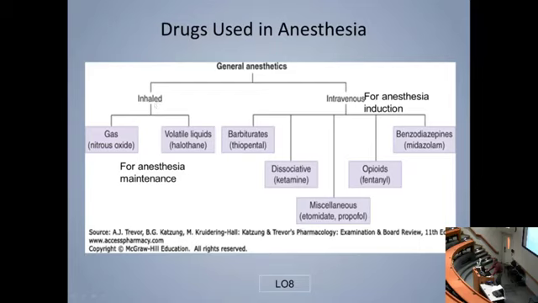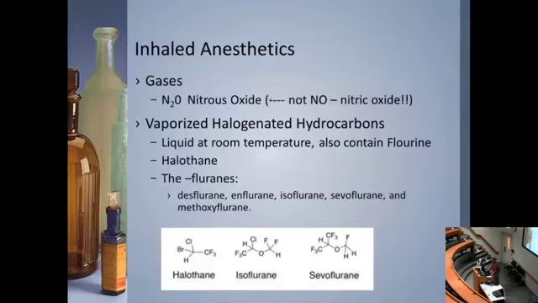The inhaled anesthetics basically maintain anesthesia. So once these phases of anesthesia that we talked about, stage 1 through stage 4, have occurred, then these drugs are put on board to maintain those stages. And this also becomes the outline for your drug list, which is expanded upon a little bit later.